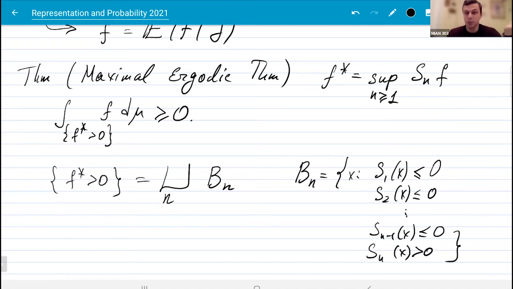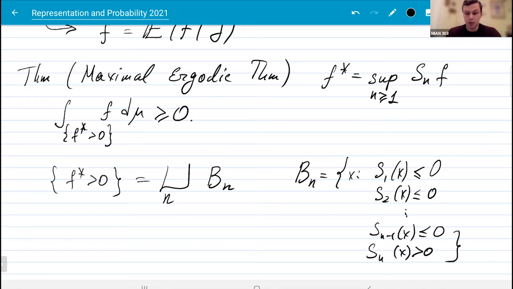Because if the supremum is positive, then there is an element that is positive, and let's take the minimal number such that Sn of f is positive, and the set of all x's where this minimal number equals n is denoted by Bn.